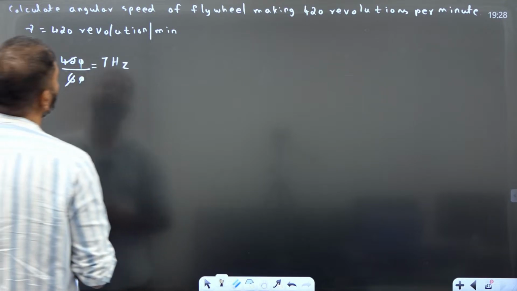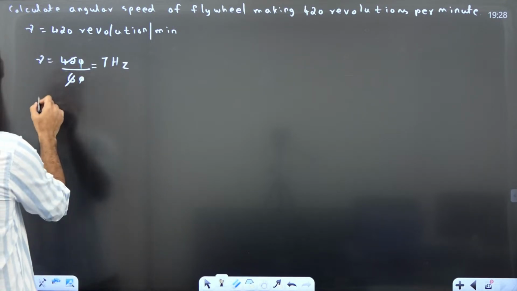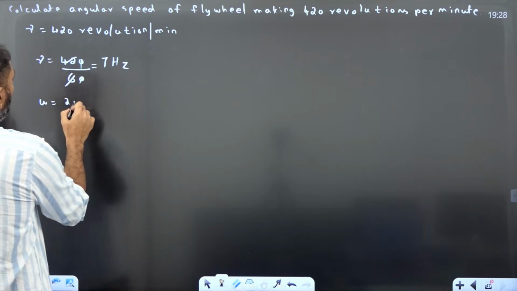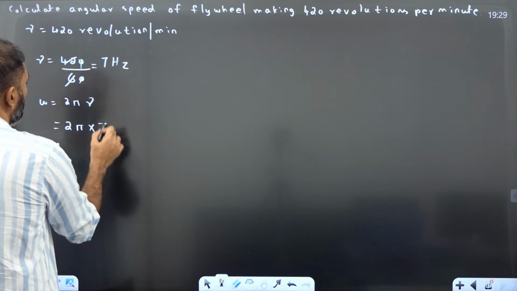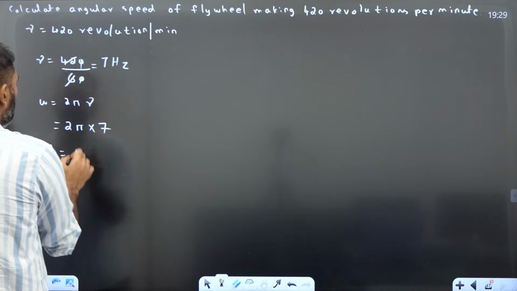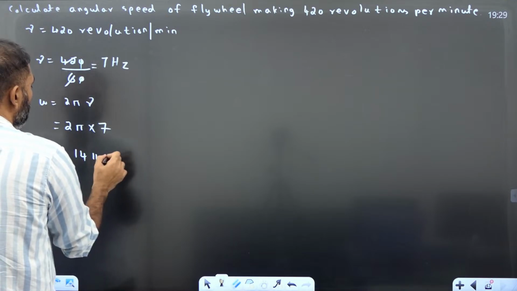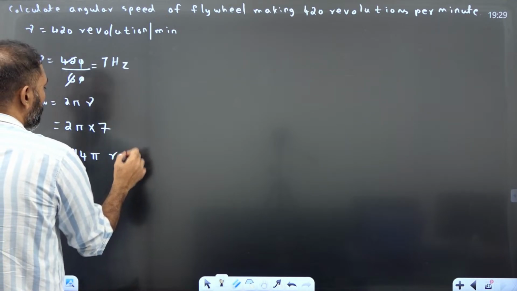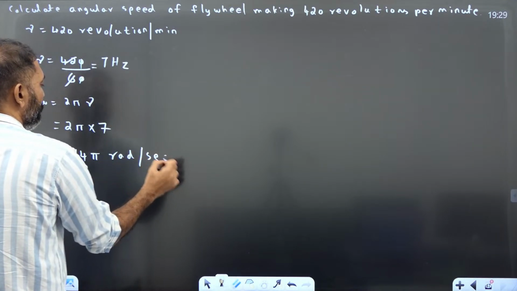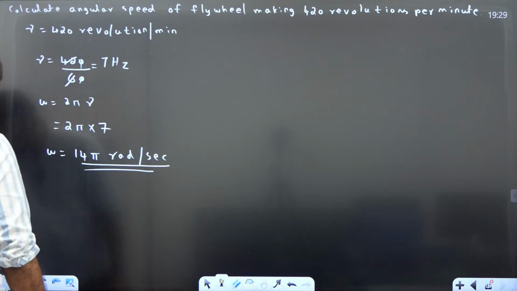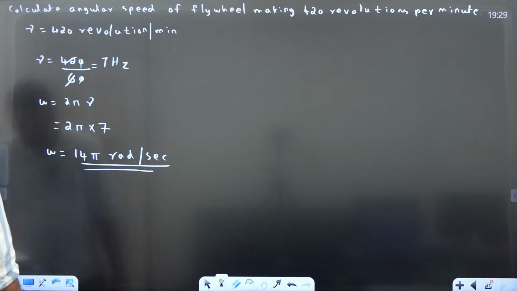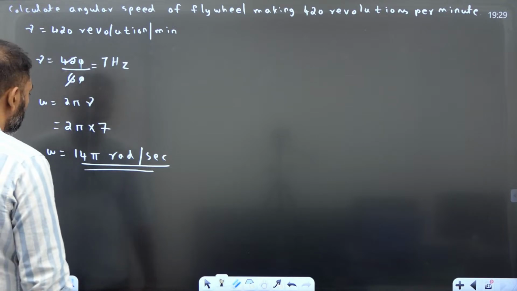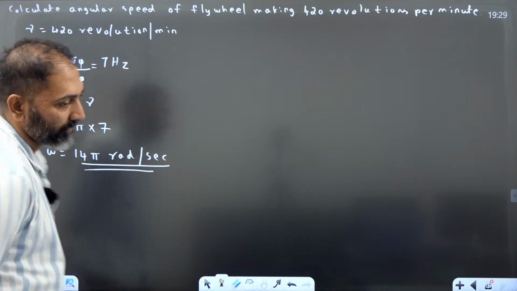What we have to find out is angular speed. So omega is equal to 2 pi nu, 2 pi into 7. So omega is 14 pi radians per second.